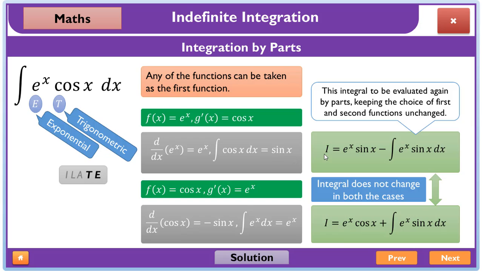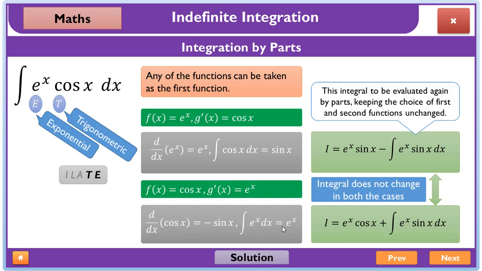It gives us I equals e to the power x sin x minus the integration of e to the power x sin x dx. Now you see, here the term is cos x, here the term is sin x. We need to evaluate this again using integration by parts. If we take the opposite, meaning we take cos x as the first function and e to the power x as the second function, the derivative of cos x is minus sin x and the integration of e to the power x is e to the power x.